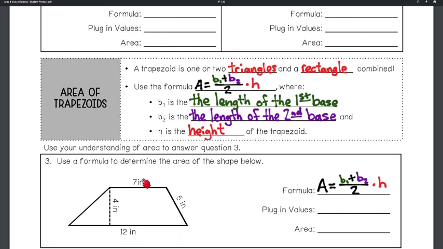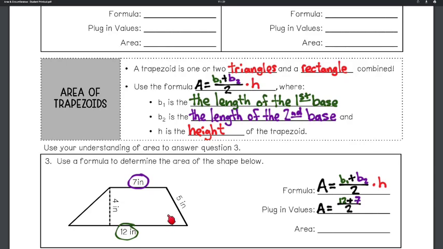You can pick either the 7 or the 12. It does not matter. Pick one for base 1 and one for base 2. I'm going to pick the 12 to be my base 1 and the 7 to be my base 2. That means I have 12 plus 7 divided by 2.